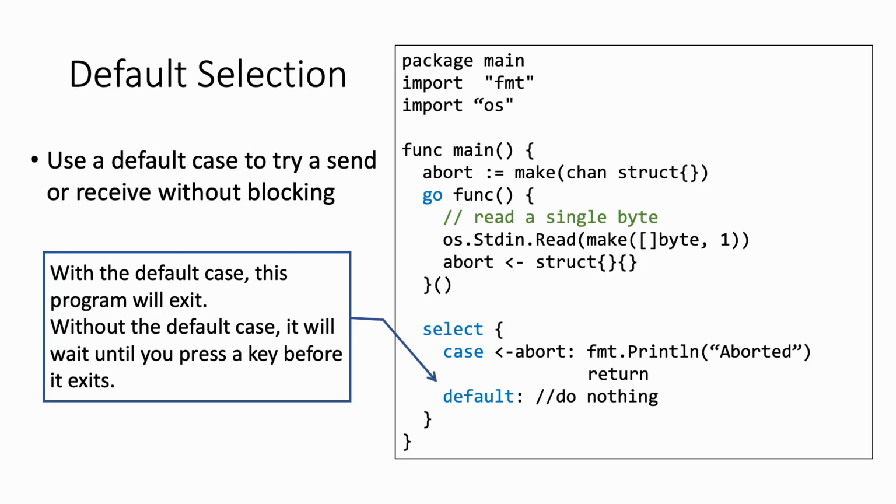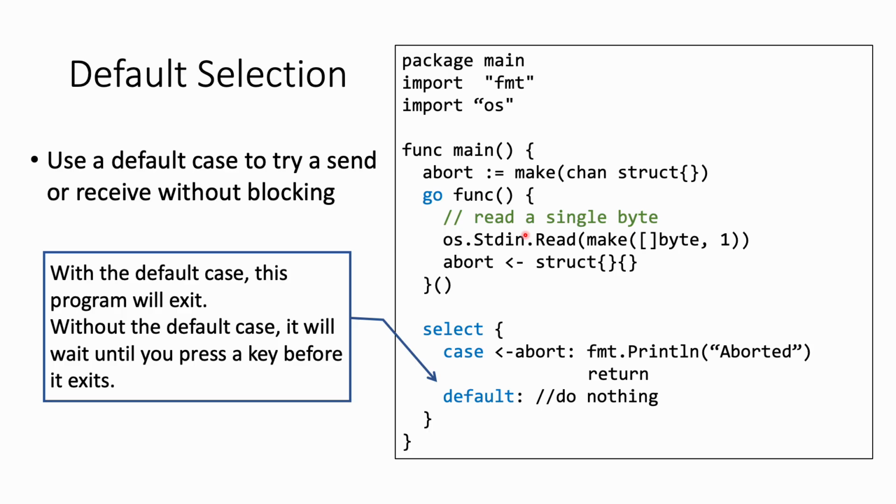Now let's see another example of multiplexing with the select statement that has a default case. In general, we can use a default case to try a send or receive without blocking. In this example, the program creates only one channel abort and it starts a new Go routine that runs the anonymous function.